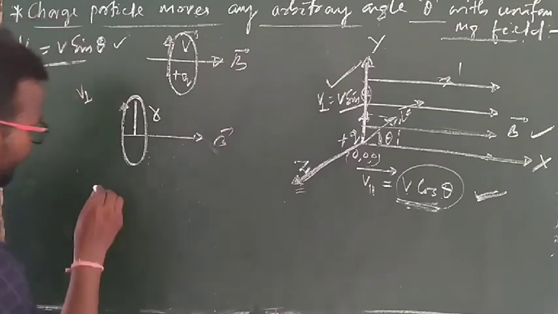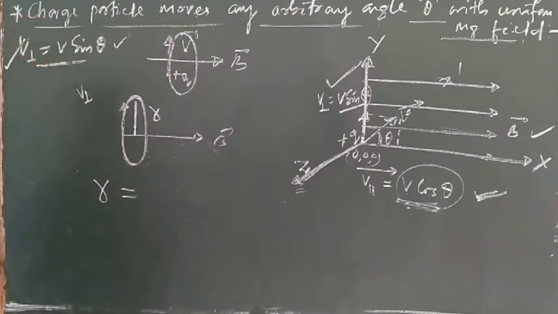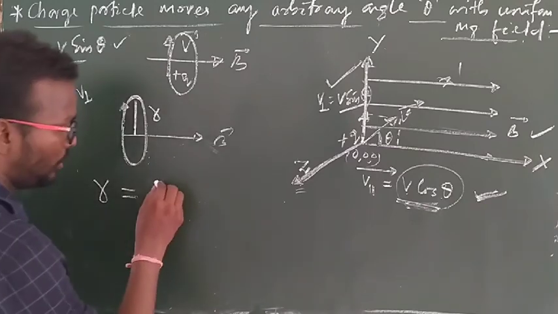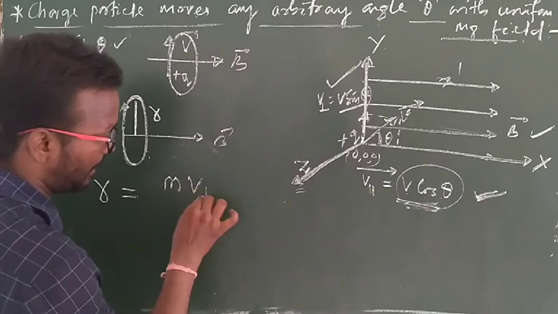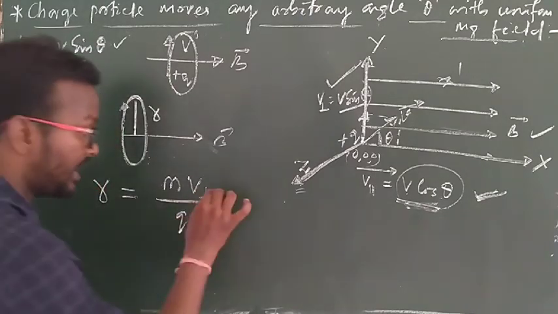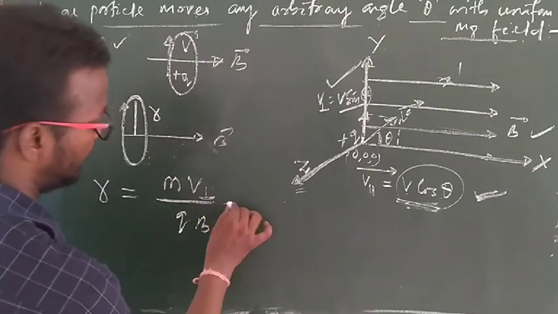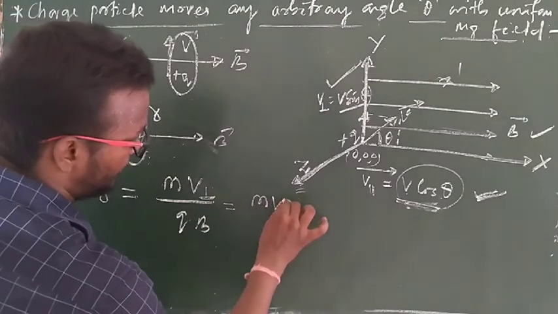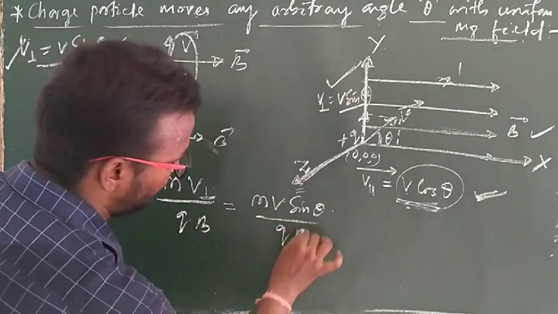So the radius of the charged particle due to this perpendicular component is m v perpendicular by q into B, but here v perpendicular equal to v sin theta. So you can write m v sin theta by qB.